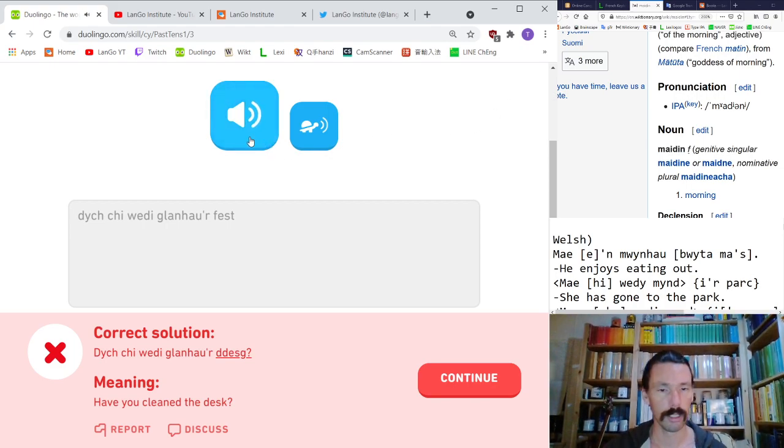This as the object. Oh no, okay, it's got the definite marker with it. That's probably causing the lenition. Have you cleaned the desk? Desk. Long S there.